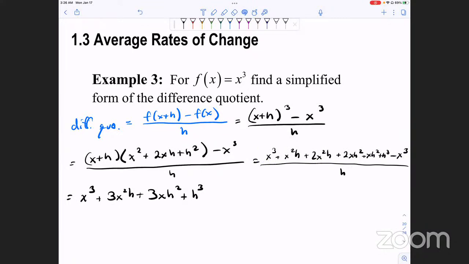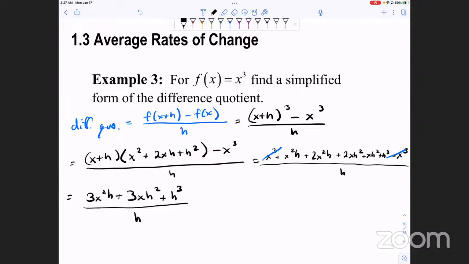So for combine like terms, and actually I am going to go ahead and cancel these guys out. So that gets rid of this guy here. Now what's left over? We got 3x squared h plus 3xh squared plus h cubed, right? So when you're simplifying these difference quotients, notice how all these terms still have an h in them after you simplify.